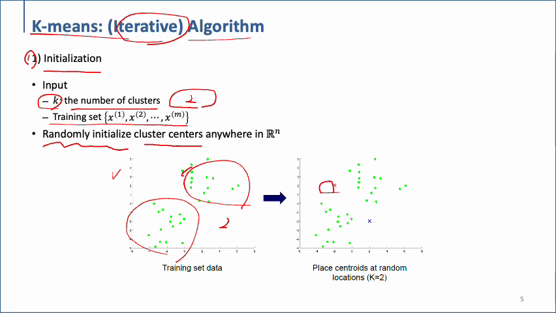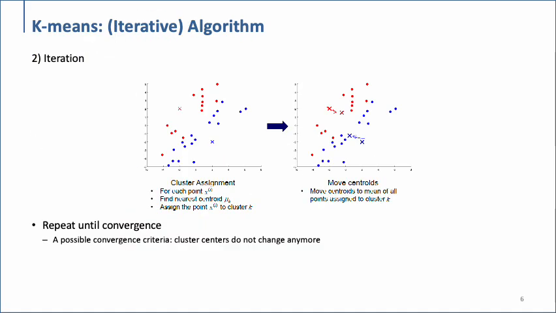Let's say from this training data set, we first initialize these two cluster centers like this. As the number of clusters is exactly 2, we pick two points, the red X and the blue X. The next step is assigning data into the clusters.